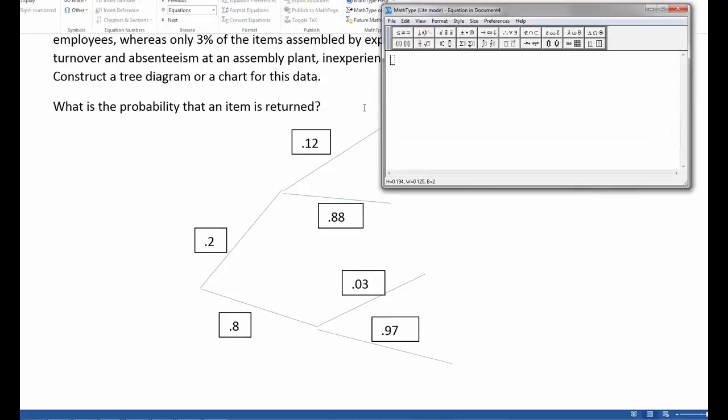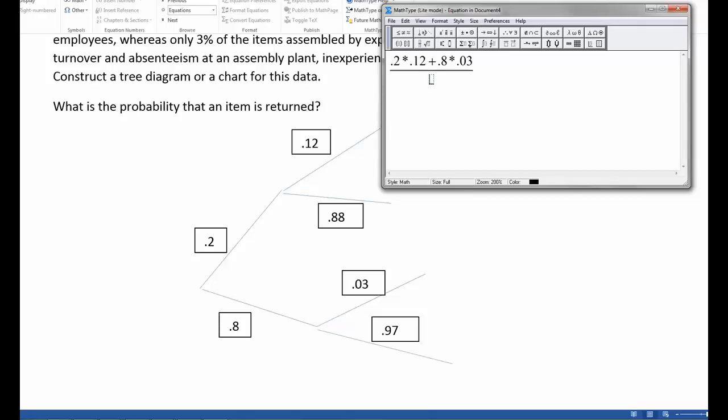So if an item was returned from an inexperienced person, that would be 0.2 times 0.12. And if it was returned from a veteran, that'd be 0.8 times 0.03. And then I want to divide that by the likelihood that overall it was returned.